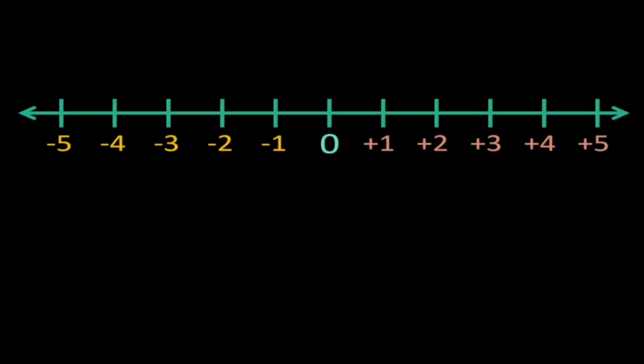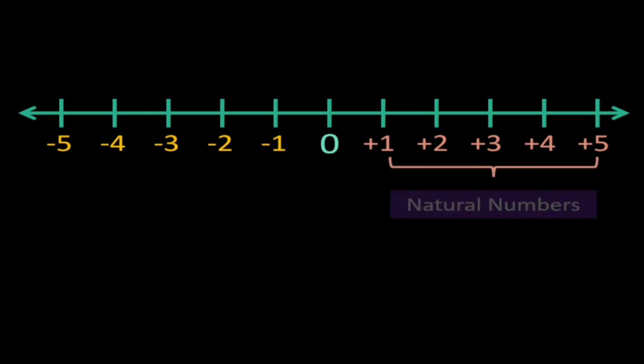So for us to understand more about the real numbers, I have here the number line. To the right of 0, we call these the positive numbers, or the natural numbers, or simply the counting numbers. Remember, by definition, the natural numbers or the counting numbers are the numbers that start with 1.